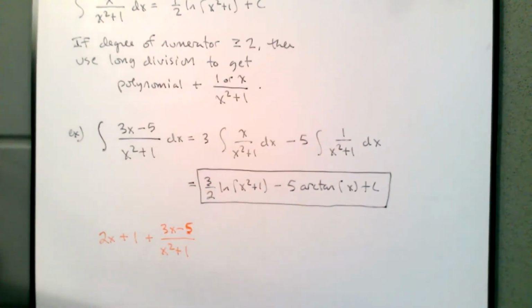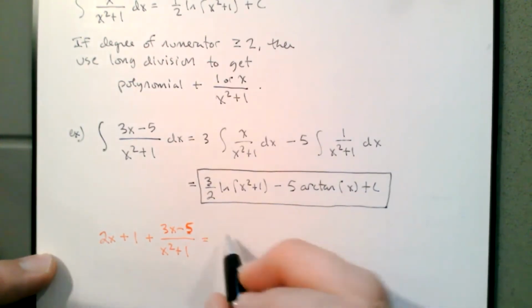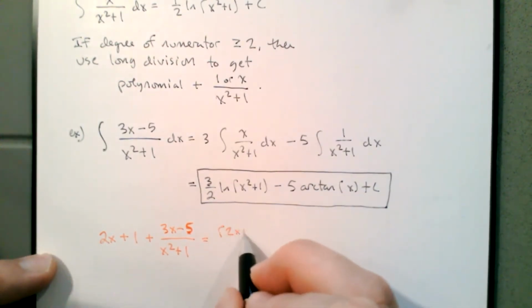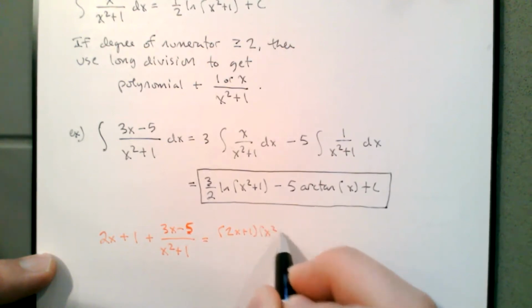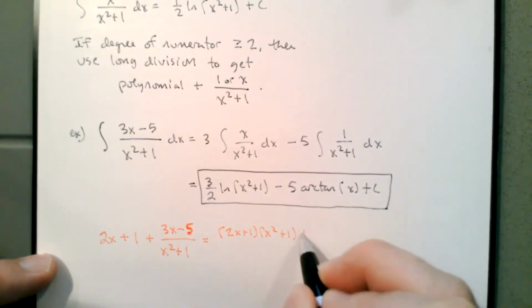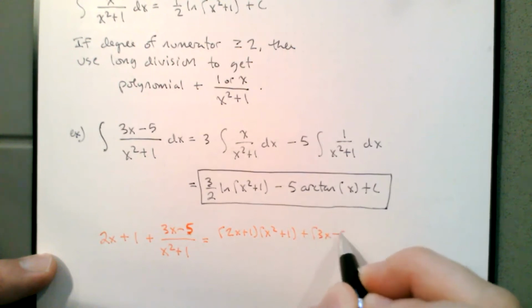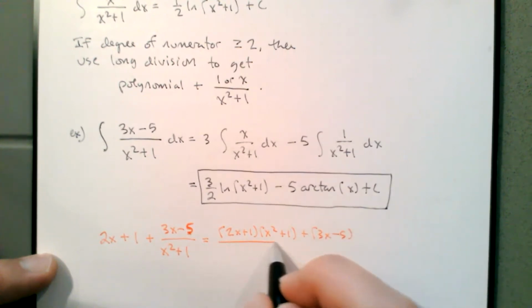algebraically. So I'm just going to take this mixed number and write it in improper fraction format. So this is equal to 2x plus 1 times x squared plus 1 plus 3x minus 5 all over x squared plus 1.